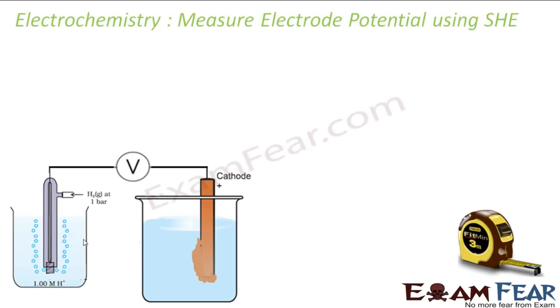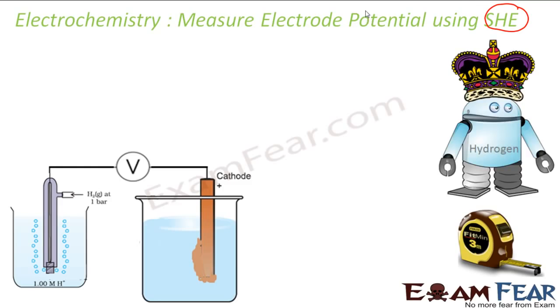So now the question is, how do we measure the electrode potential of other electrodes using the standard hydrogen electrode? So let's do that. At STP, at 298 Kelvin, my room temperature, what will be the EMF of the cell?